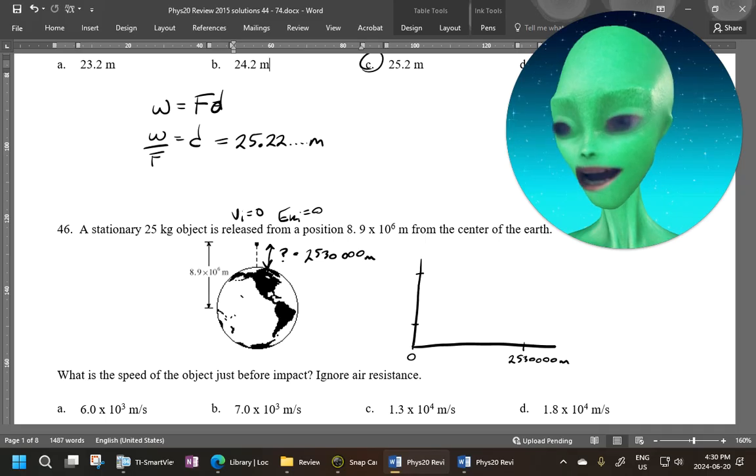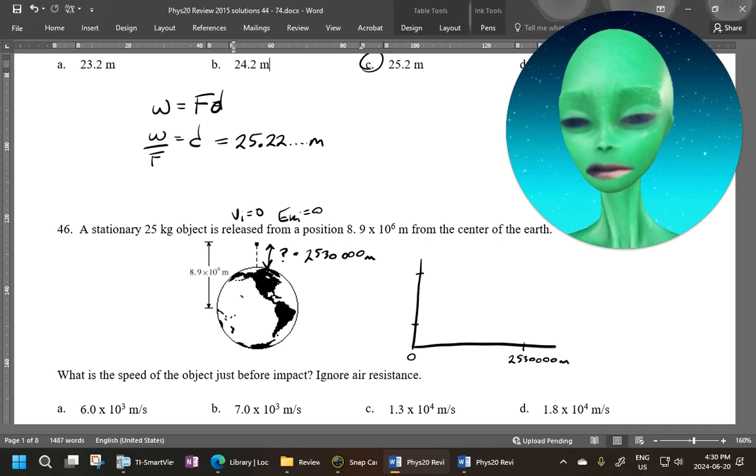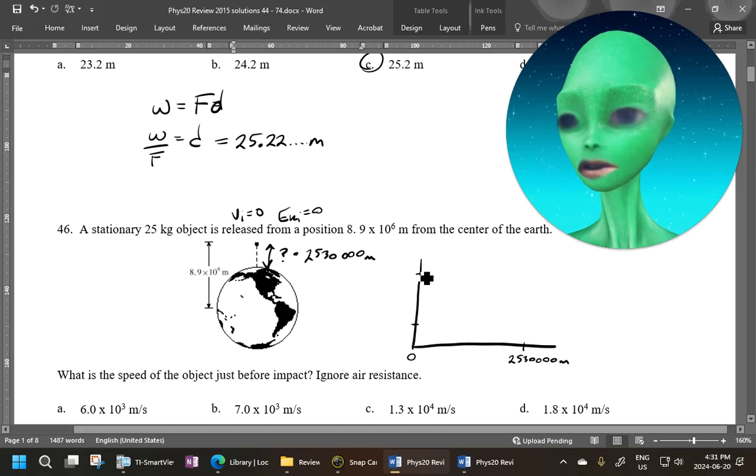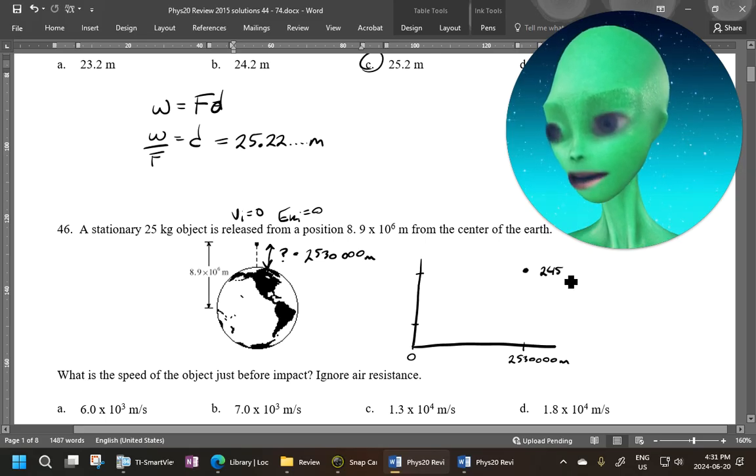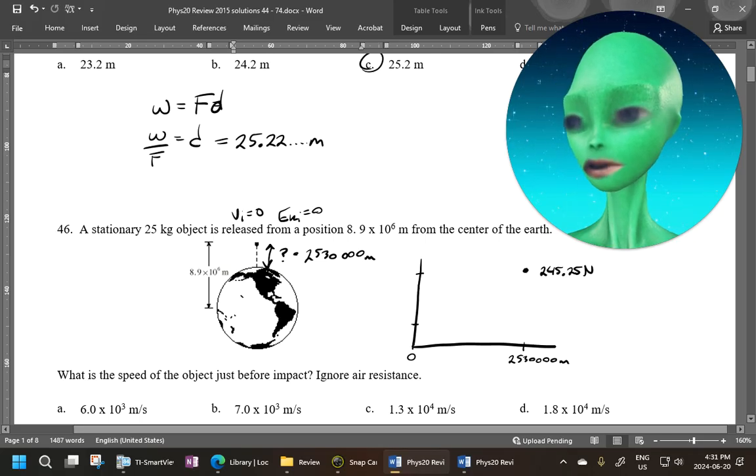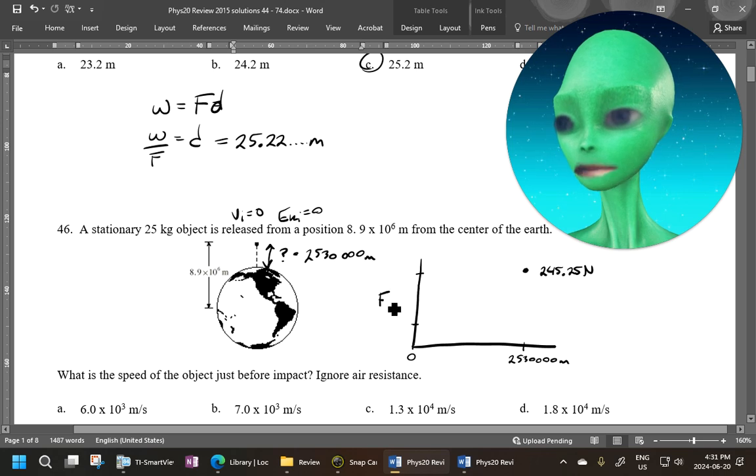At the ground level, it's a pretty easy force. 25 times 9.81. So at the ground level, at the end of this flight here, its force is going to be 245.25 newtons. So that's the force at ground due to gravity, right? So this is Fg.